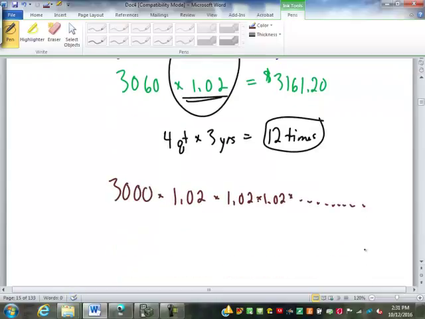In math, do we have a mechanism for multiplying by the same number over and over again? Yes, we do. It's a power. So we can take that 3,000 times 1.02 to the power of 12.